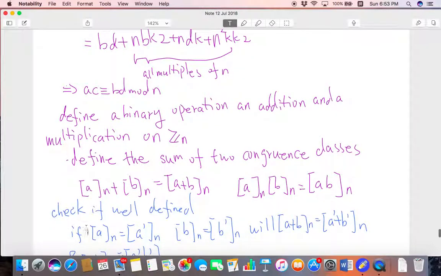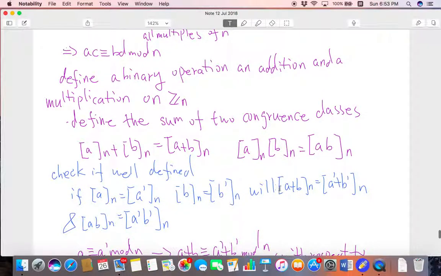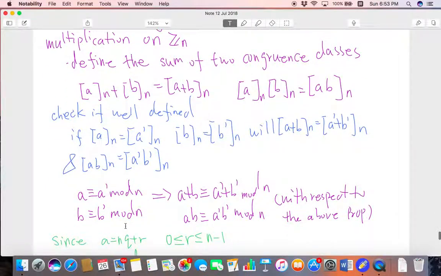So we need to first check if it is well defined. That is, if we have two different congruent classes and we add them up, if these two are equal, not distinct, if the congruent classes are the same, then the outcome of this addition and multiplication results in the same congruent class. We apply the purple colored proposition I have just mentioned above.